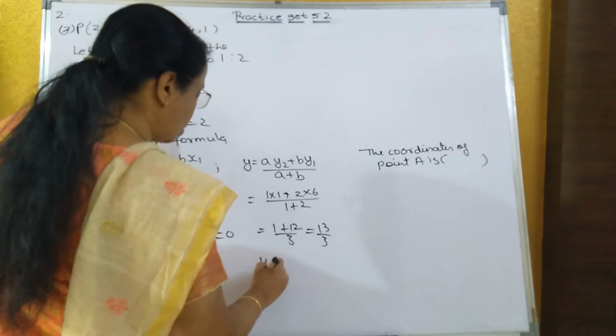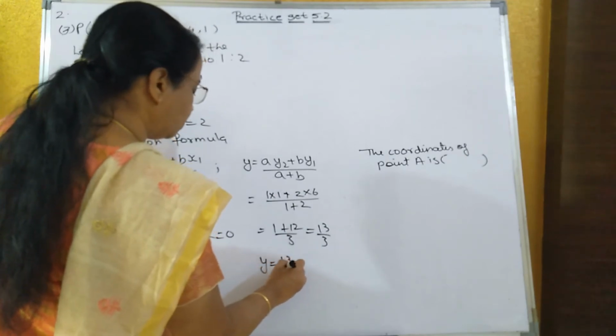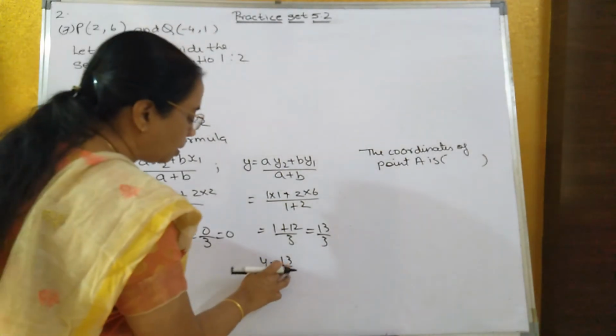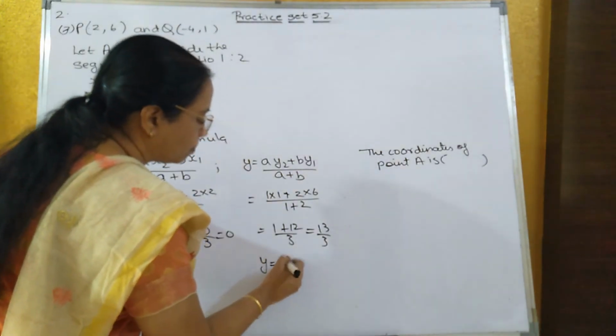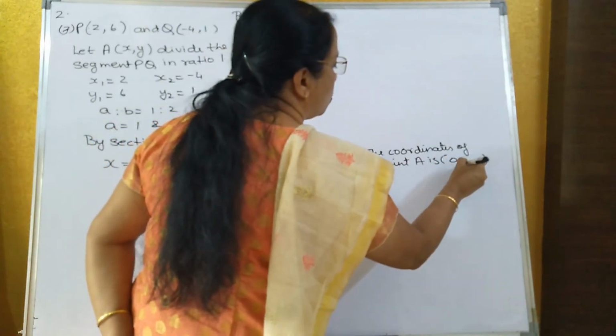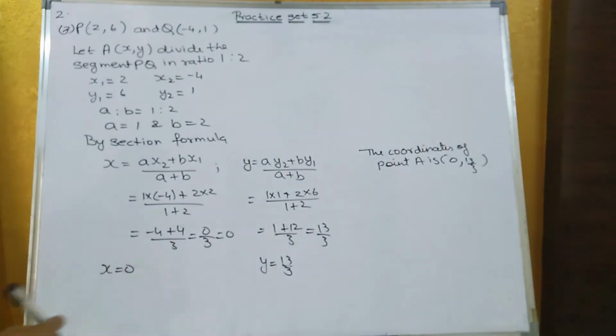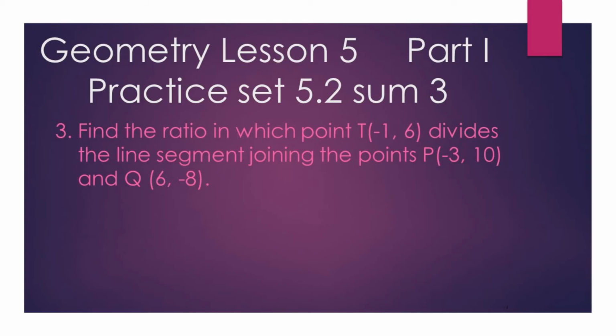So y is equal to 13 upon 3. So x is equal to 0 and y is equal to 13 upon 3. So 0 and 13 upon 3 are the coordinates of point A.